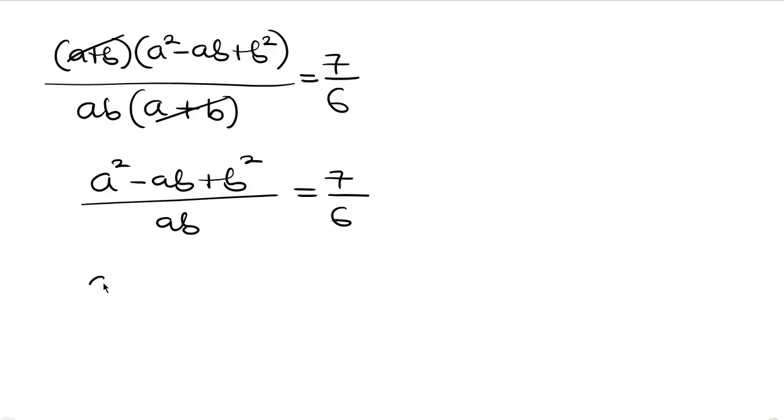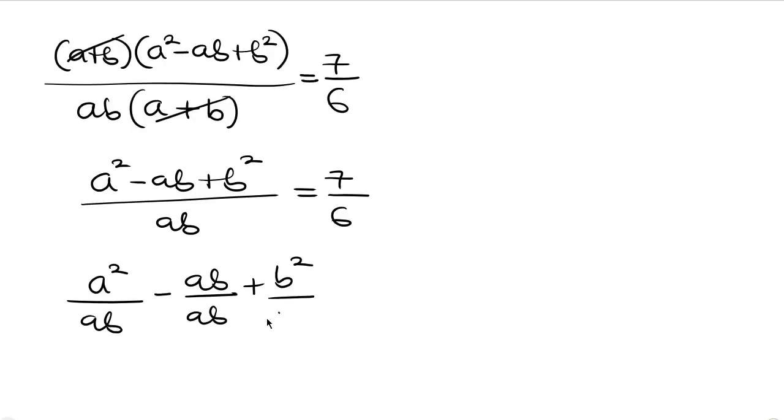So this will be a squared all over ab, minus ab all over ab, and then plus b squared all over ab. So this is how to separate fraction. This is equal to 7 all over 6.